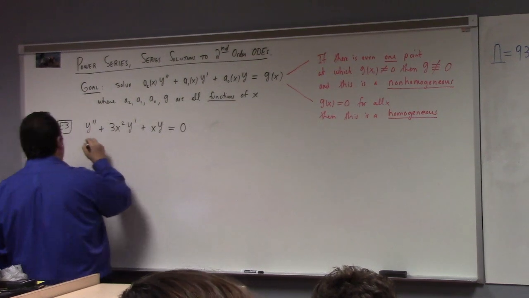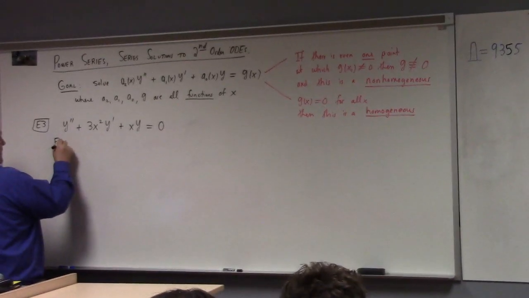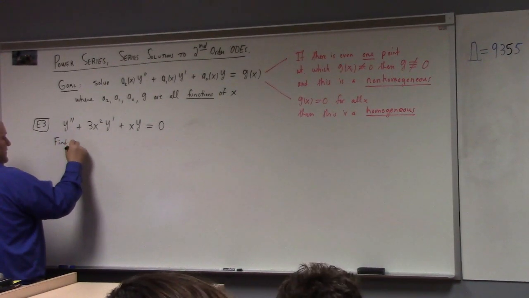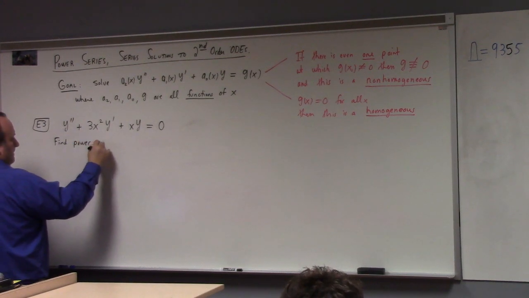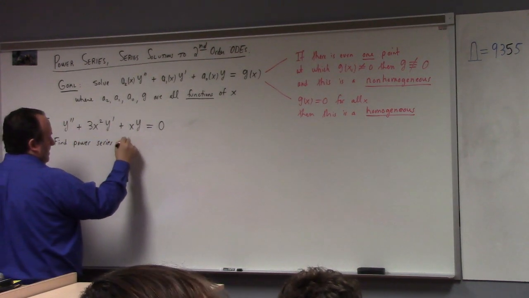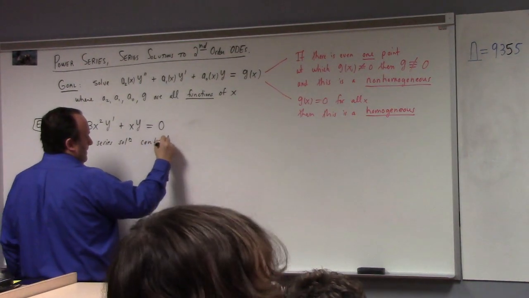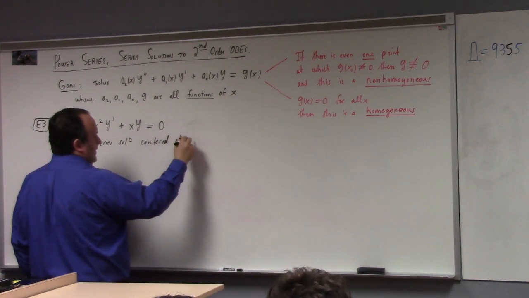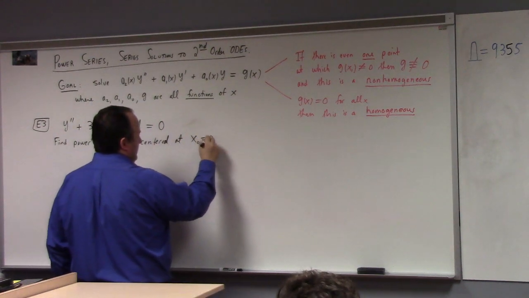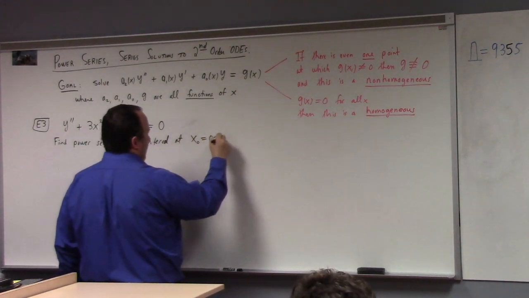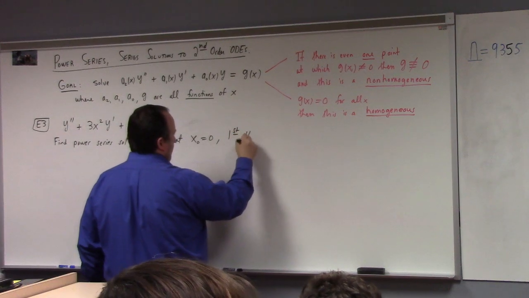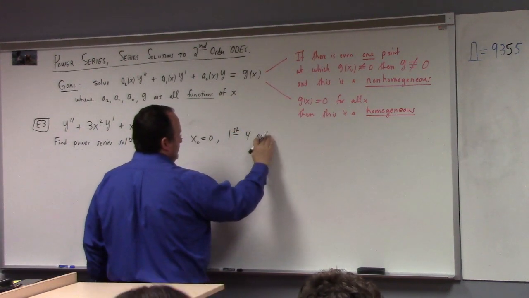What we're going to do is find a power series solution centered at x naught equals 0. We'll find the first 4 non-trivial terms.